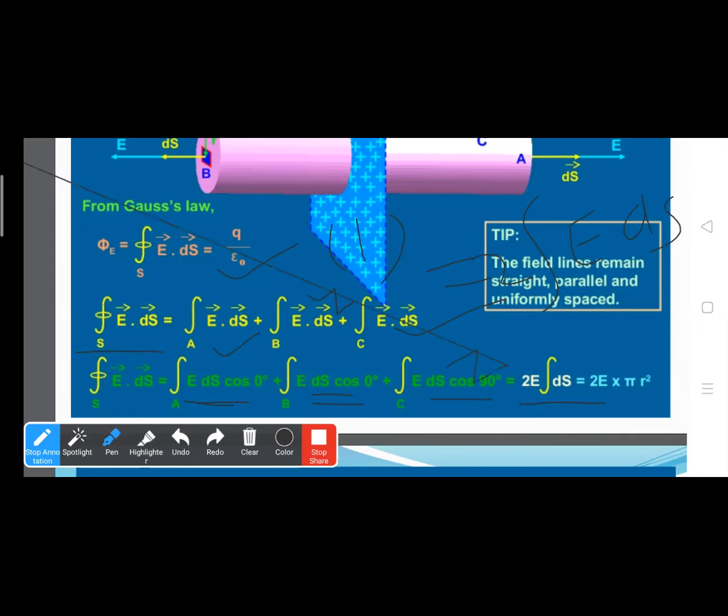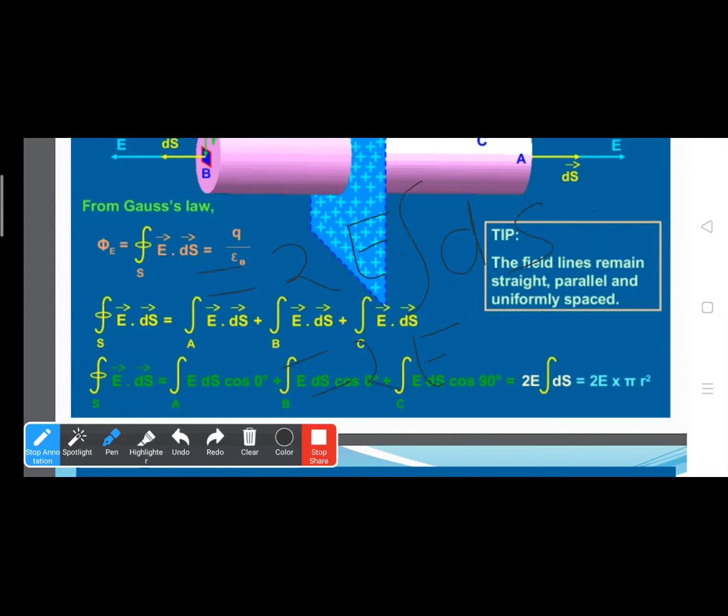So now take 2E outside, and dS is the area of the cylindrical surface.